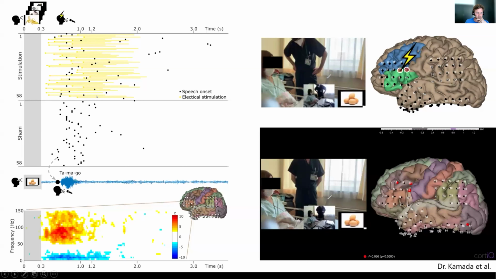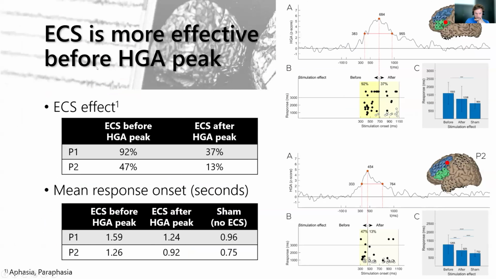So stimulation clearly has an effect, but this is nothing we can quantify quite easily. So in the next step, the question was, how can we extract or quantify the impact of ECS on such speech production tasks? So this is the main result.